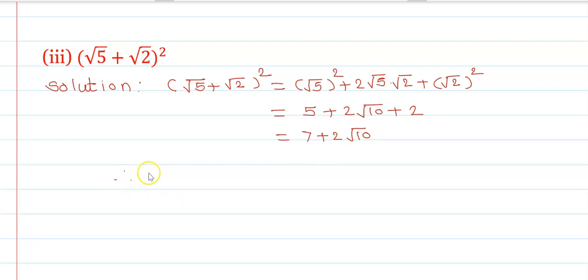Hence the answer: root 5 plus root 2 whole bracket square is equal to 7 plus 2 root 10. This is the answer.